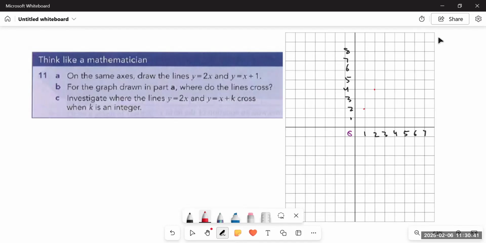If x is equals to 3, y is equals to 6. If x is equals to 4, y is equals to 8. So you have to mark the points. And even if we go towards the negative points, if x is equals to minus 1, y is equals to minus 2. Let's join these points using the line, and the line would be like this.